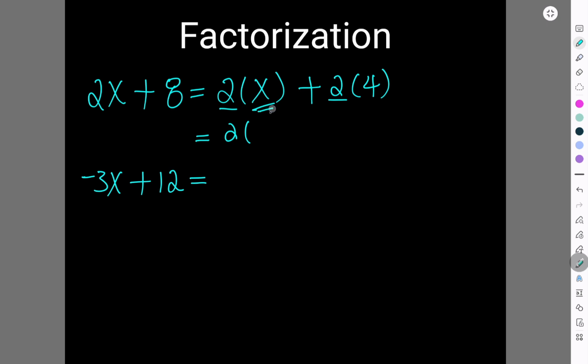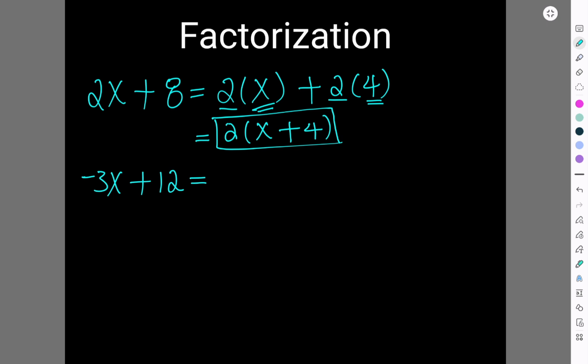For the first term, x is left, and then plus, for the second term, 4 is left, and therefore 2 multiplied by x plus 4 is the factorized form of 2x plus 8, writing 2x plus 8 as the product of 2 and x plus 4.